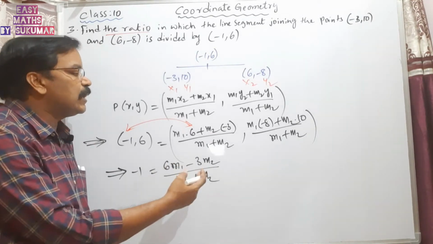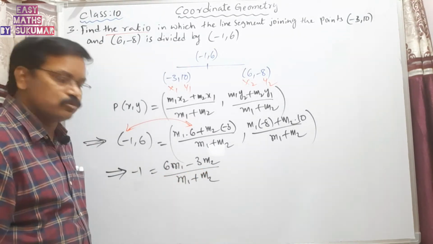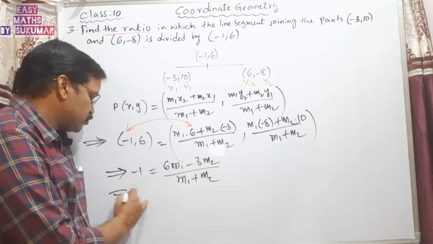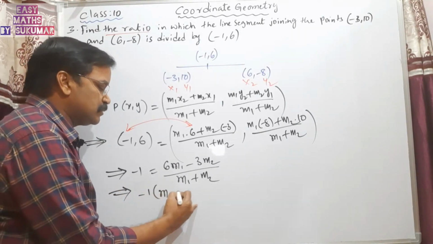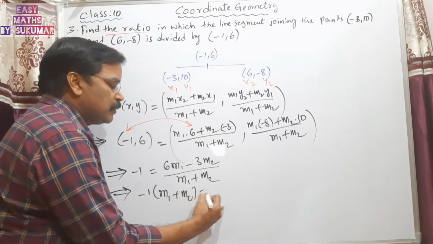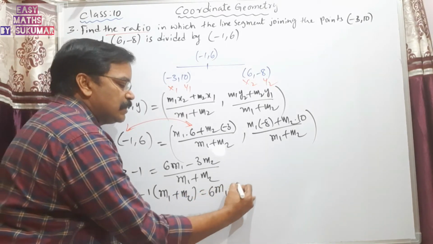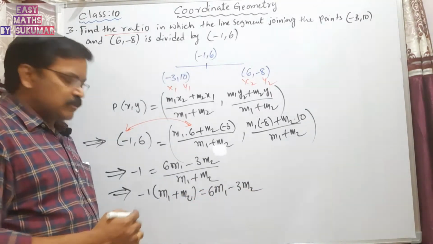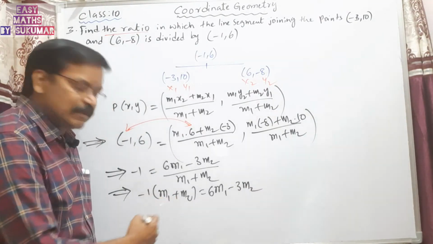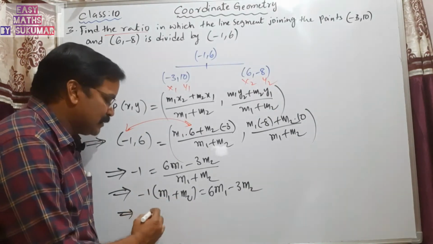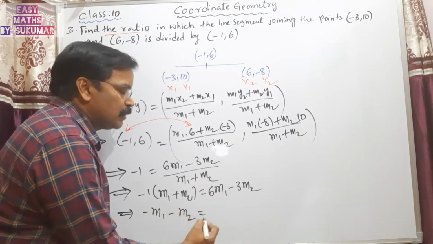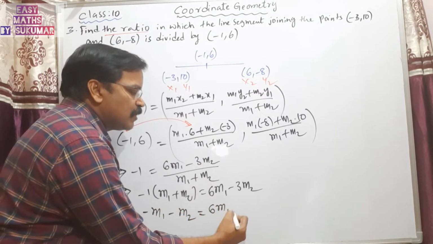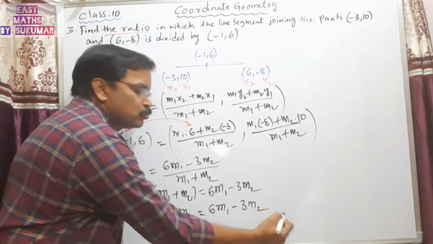By cross multiplication, my dear students, minus 1 into m1 plus m2 is equal to 6m1 minus 3m2. Just multiply with minus here. So this implies minus m1 minus m2 is equal to 6m1 minus 3m2.